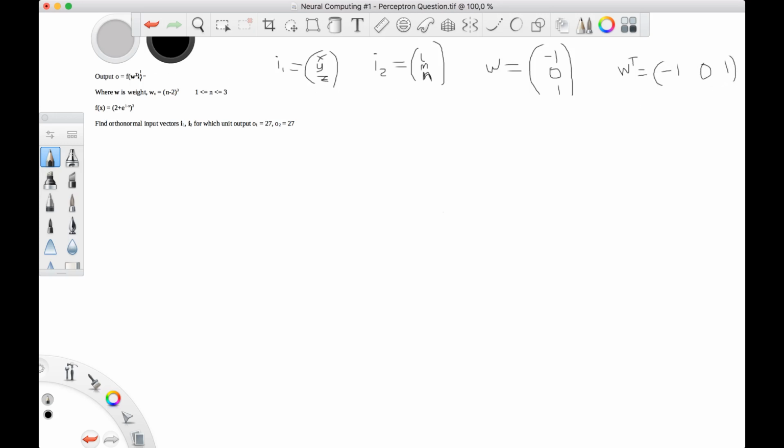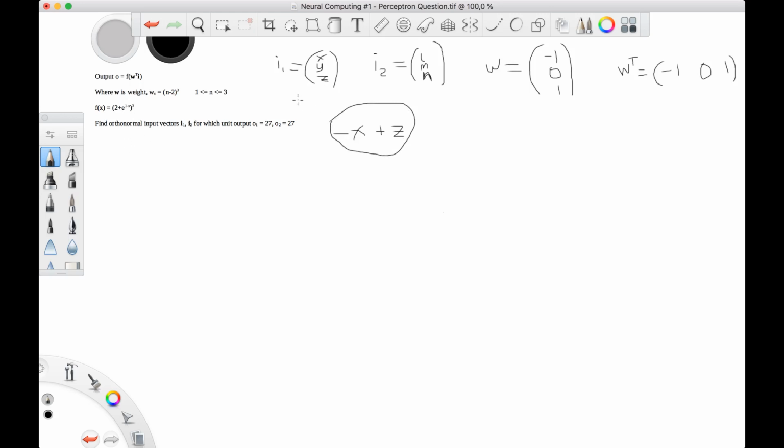And then Wt times I, well, let's start with I1. Wt times I is equal to minus 1 x, 0 y, plus 1 z. So it's just minus x plus nothing for y, plus z. Okay, this is what we've got for our x value that's going to be input into this function.